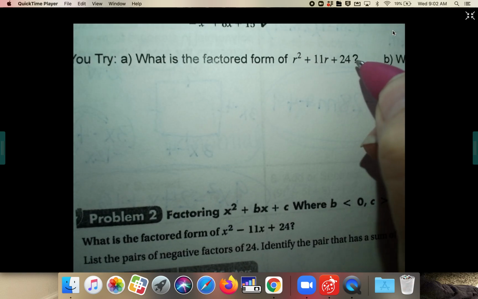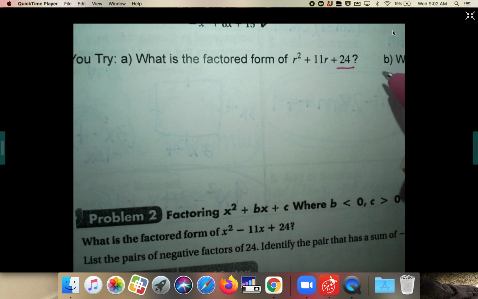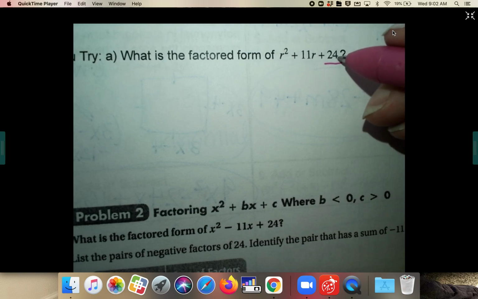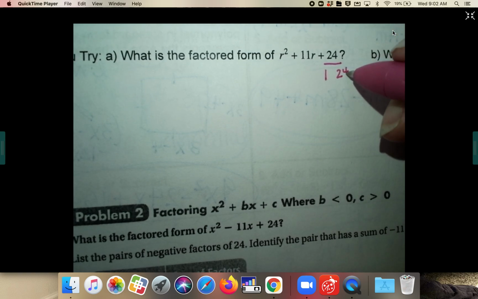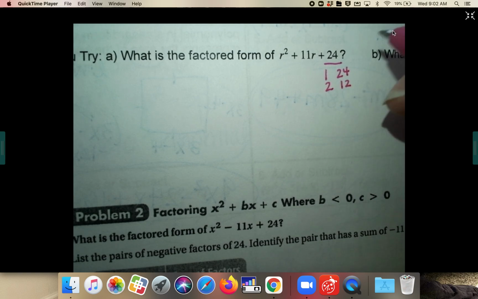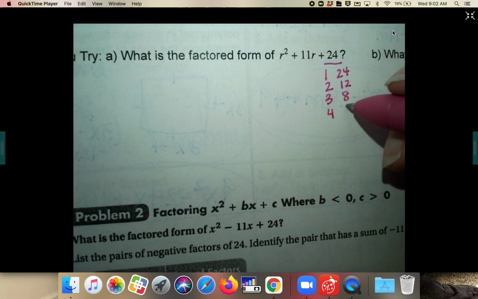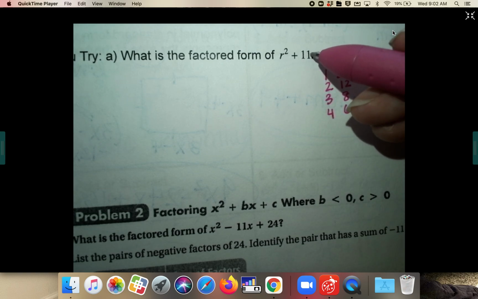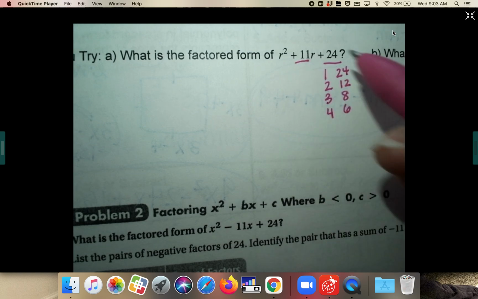So we're going to see what are the factors of 24. So what numbers can we multiply to get 24? You can multiply 1 and 24. You can multiply 2 and 12. You can multiply 3 and 8, and you can multiply 4 and 6. And I think that's all. So looking at these factors of 24, which of these now can we add to get 11?